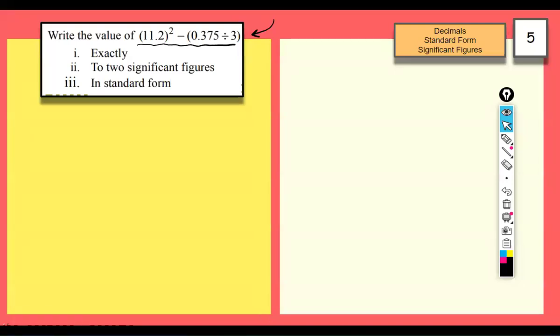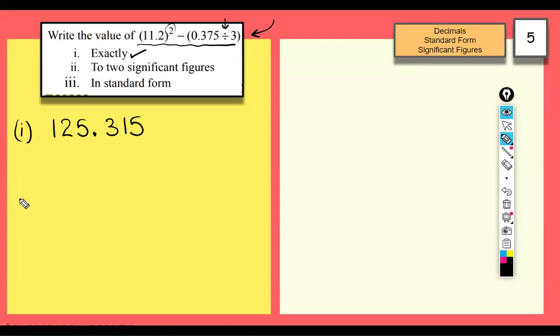When you're typing this exactly as it is on your calculator for part one, remember, you have to put the brackets, you have to put the squared. This is a divide here, right? You will get 125.315. That's the exact value, right?